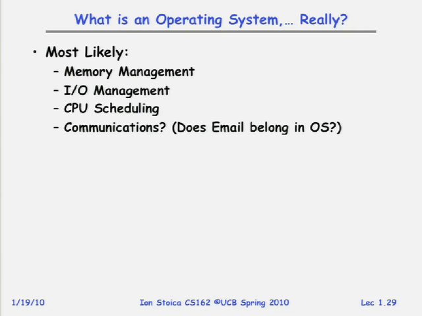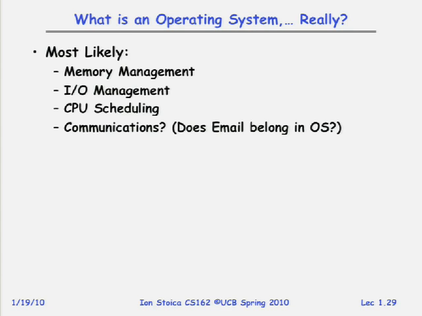Does email belong to the OS? Don't you have an opinion? How many of you believe it does belong and how many believe it doesn't? How many does not? Okay.